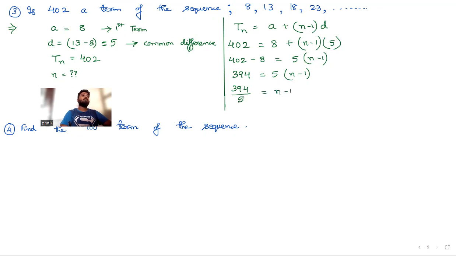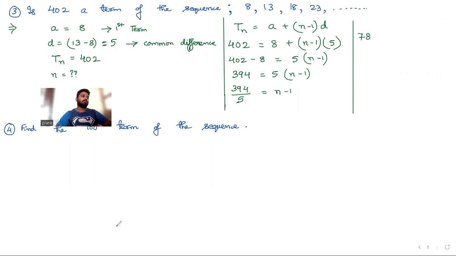So basically, what do I get? I get a fractional value, as in a decimal number. By default, when I get a fractional number, I will say it is not a term. I don't have to do the division, but since we're doing it for the first time, 5 sevens are 35, 5 eights are 40.